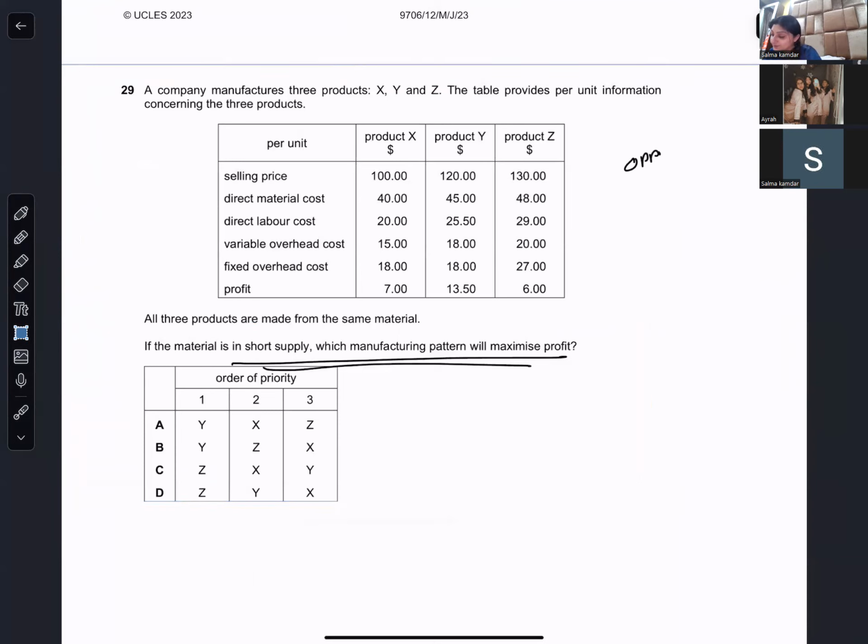What is the contribution? Let's see the variable cost for all: 40, 50, 60, 75.